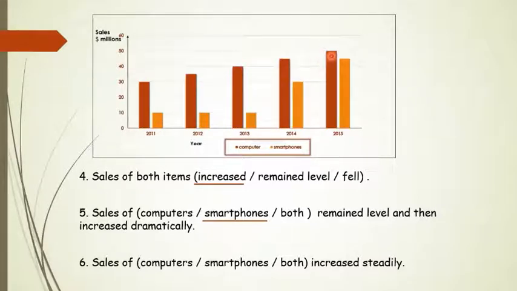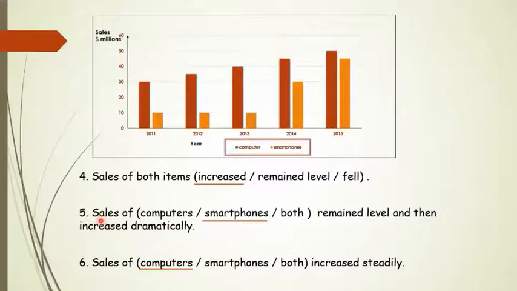Each year by 5 million. So we could say sales of computers increased steadily at the same rate. Steadily means at the same rate. Will you please read these sentences again? Good. Come on. Sales of both items increased.